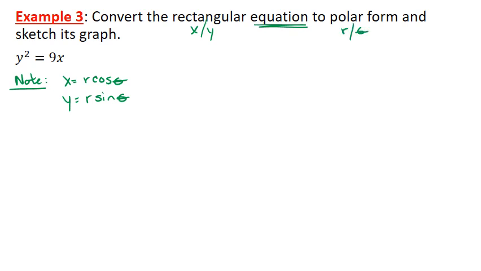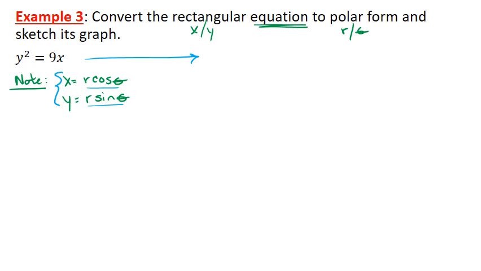So what I am given has x's and y's, so I know it's rectangular. And I need to change that to something with only r's and thetas rather than x's and y's. So I'm going to replace x with r and a theta and replace y with an r and a theta. So I'm going to do that right now.